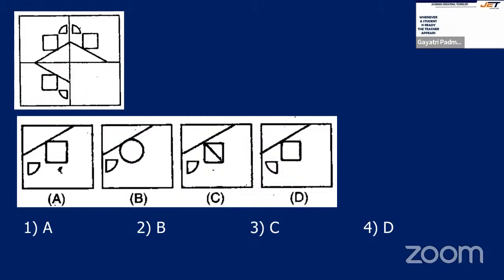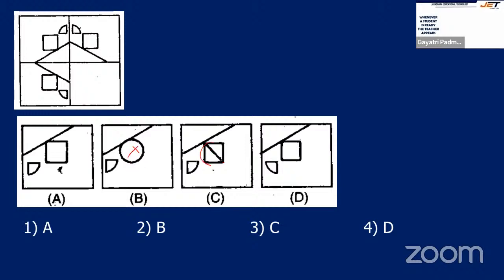It cannot be C because in the squares there is no highlighted one. It cannot be B because we do not have a circle.